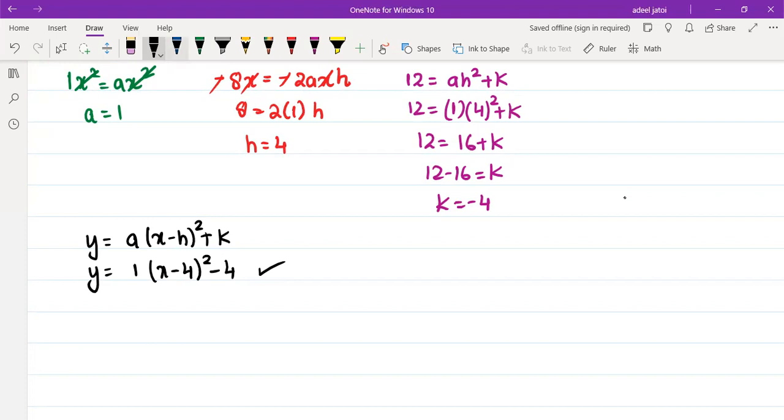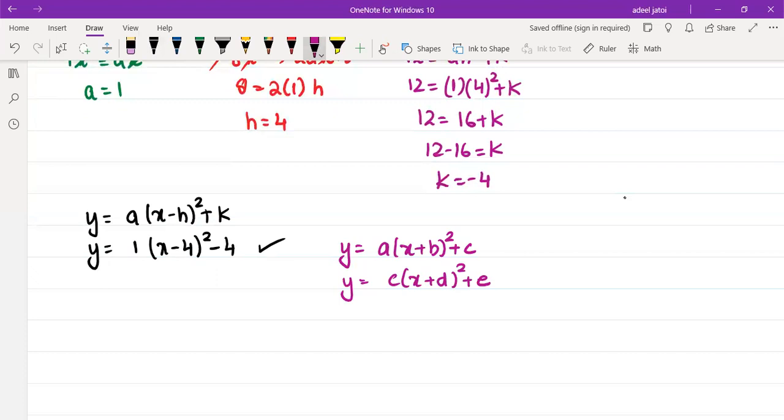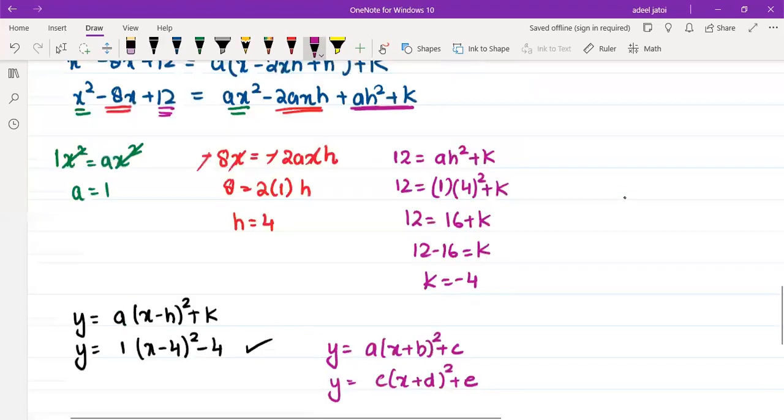In a question that can be asked by the examiner, your form can already be shown as a x plus b whole square plus c, or it can even be changed with the variables c x plus d whole square plus e. So if the variables are changed, we will be solving as it is, as we solved the above question.